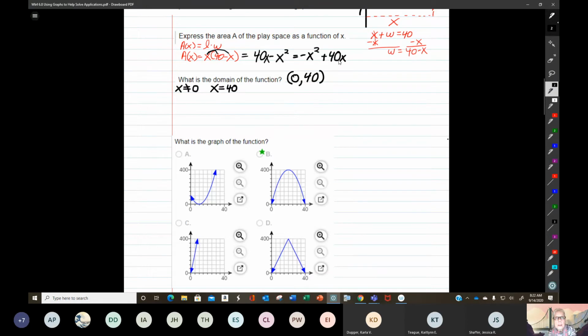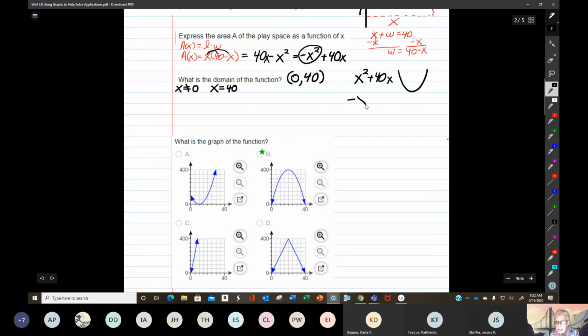Now, something you learned in intermediate algebra is that when your quadratic term is negative, you have a cupped down parabola. If you had x squared plus 40x, that would look like this.